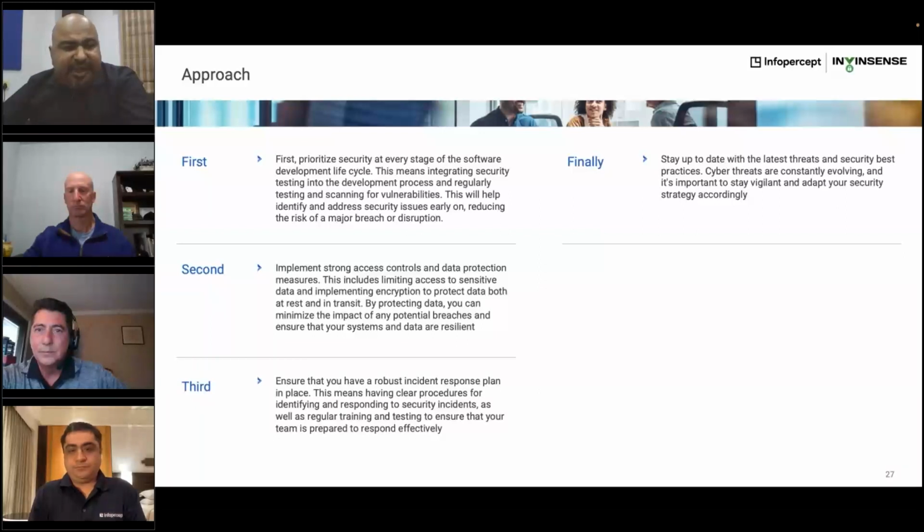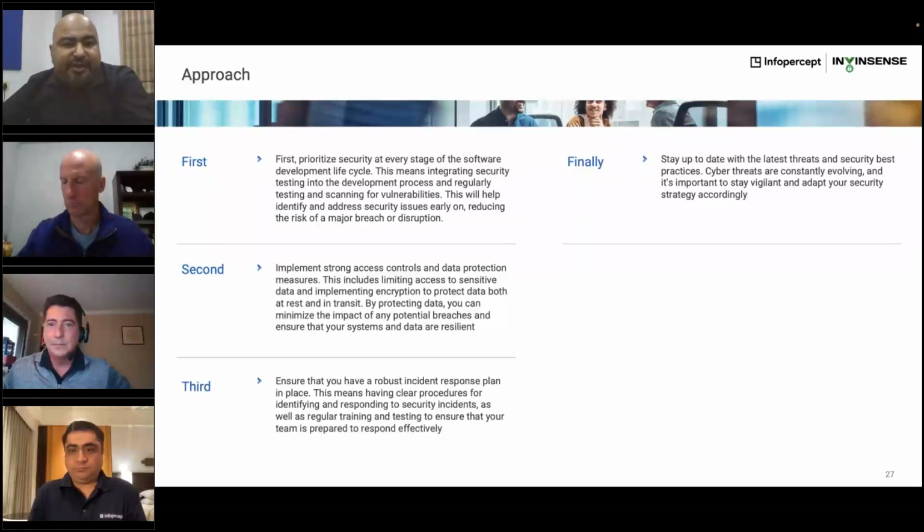When we are at the end of the third step, people normally forget the moving-forward part. When we are building any software or any organization, the organization has to grow and the software has to grow. So finally, we have to stay up to date with the latest threats and security best practices. Cyber threats are continuously evolving, and it's important to stay vigilant and adapt your security strategy accordingly.